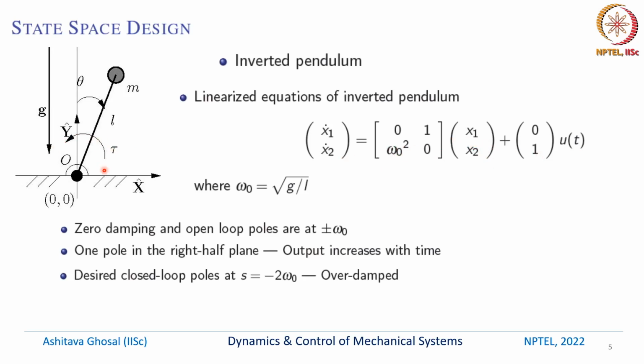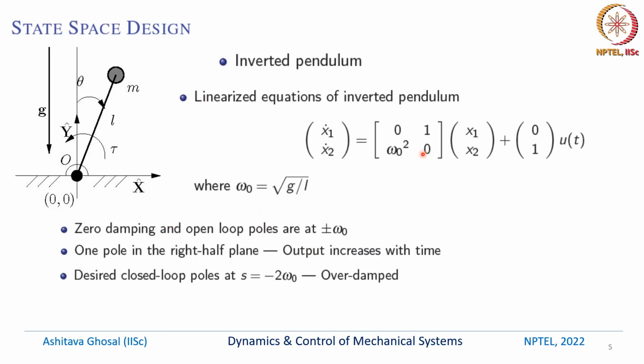So we've assumed that there is an input which is like a torque, and this omega 0 is square root of g by L. So these equations were derived earlier using the Lagrangian formulation, where we found the kinetic energy, the potential energy, and then we did some differentiation, and then we could derive the nonlinear equations of this inverted pendulum. So if you write it in this form, linearized about theta equals 0, where theta is measured from the vertical, we will get these state equations.